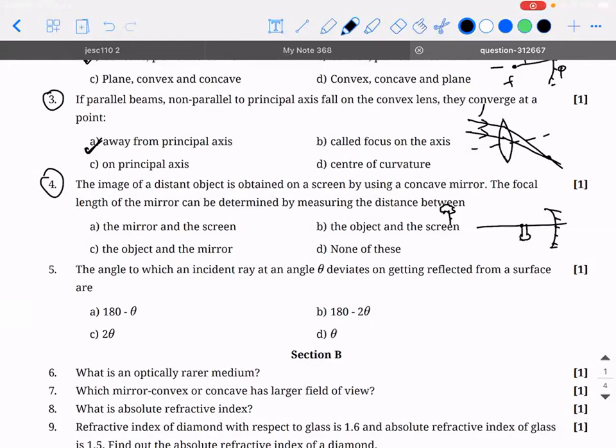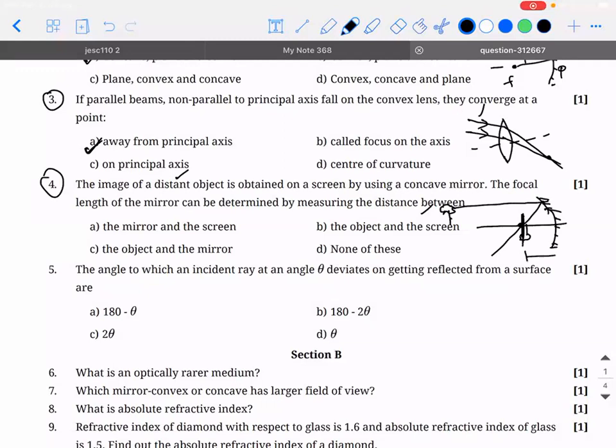Now, how are you going to measure the focal length of this? So this is where the screen is kept. Guys, the tree is what? A distant object. So from the distant object, the rays will be parallel to the principal axis. After reflection, where will they form? On the principal axis at a point called the focus.